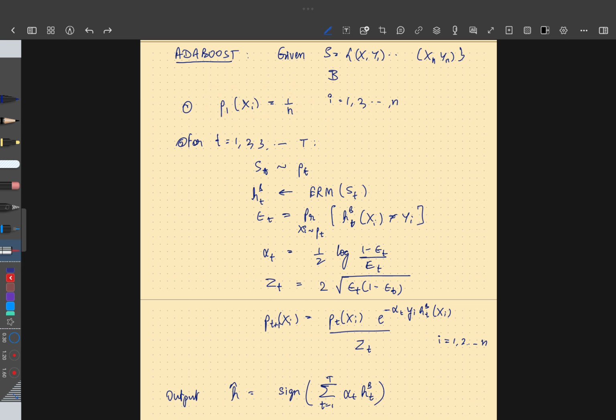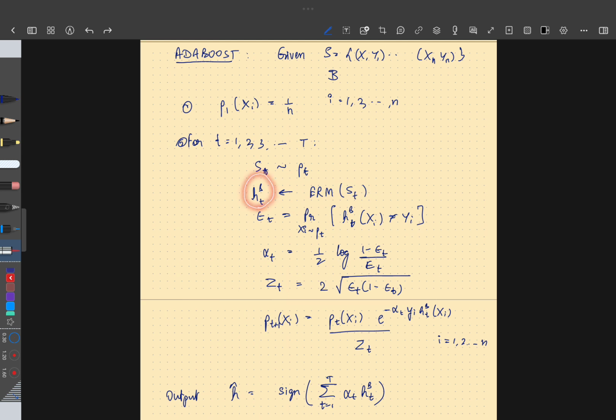The high level idea is, in each step, given the distribution that you constructed in the previous step, you select the empirical risk minimizer from the base class corresponding to this distribution on the data points. So in iteration t, you select the ERM corresponding to the distribution p_{t-1}.